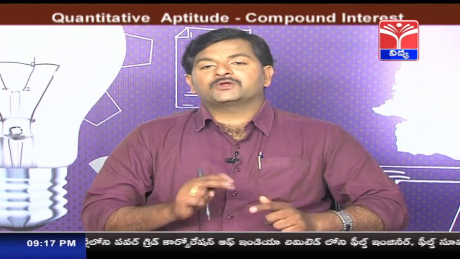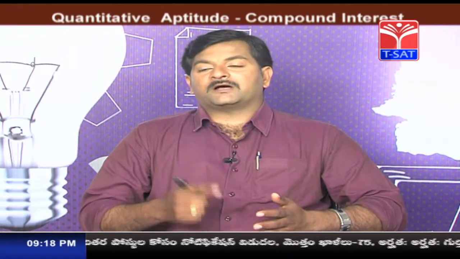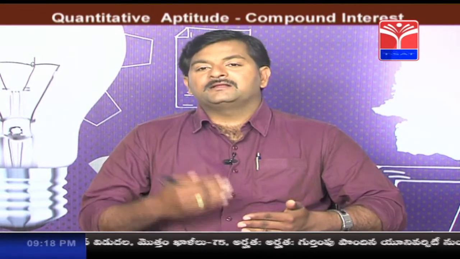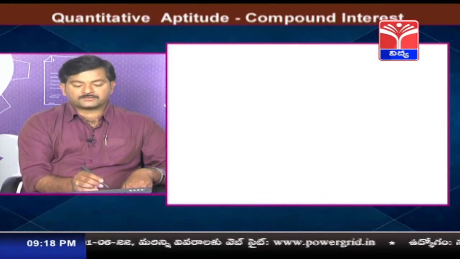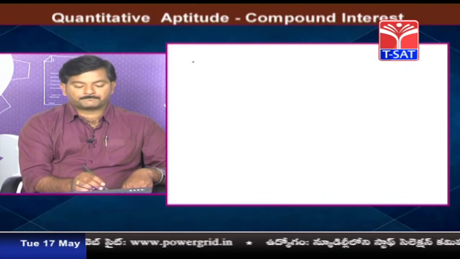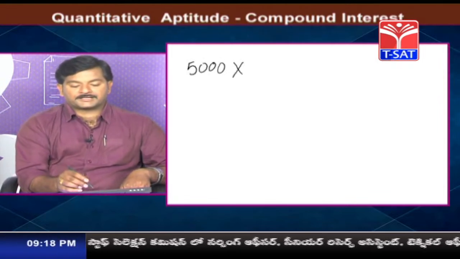In that 1 year, how many times does he have to pay the interest? 2 times. How? Because the time is 1 year, and in 1 year, interest is being compounded half yearly. So first 6 months and the next 6 months. So in total 2 times he has to pay the interest. Principal amount given is 5,000 rupees, into the rate of interest.